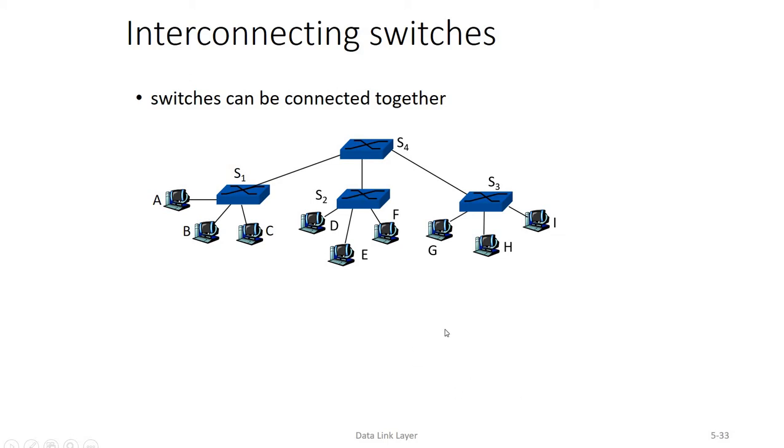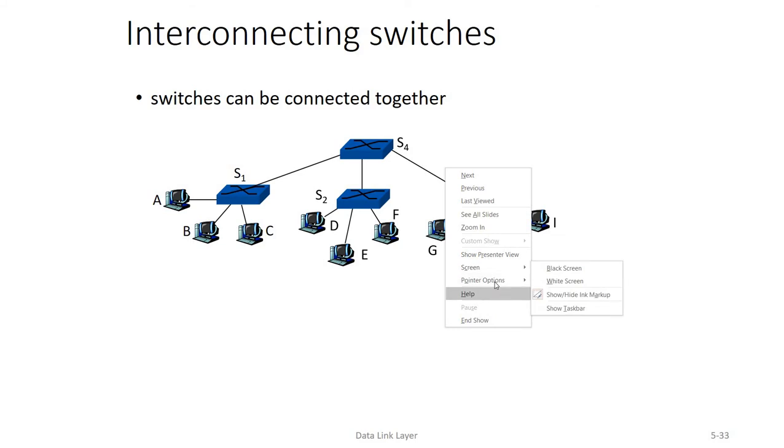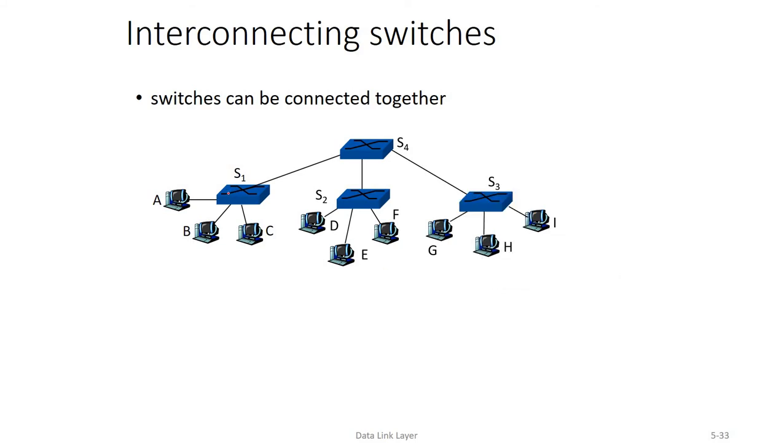The switches can be interconnected with each other. So I can interconnect between switch 1 and switch 4. Technically speaking, the communication between two nodes at the same layer in the network, we connect by a type of cable we call crossover.